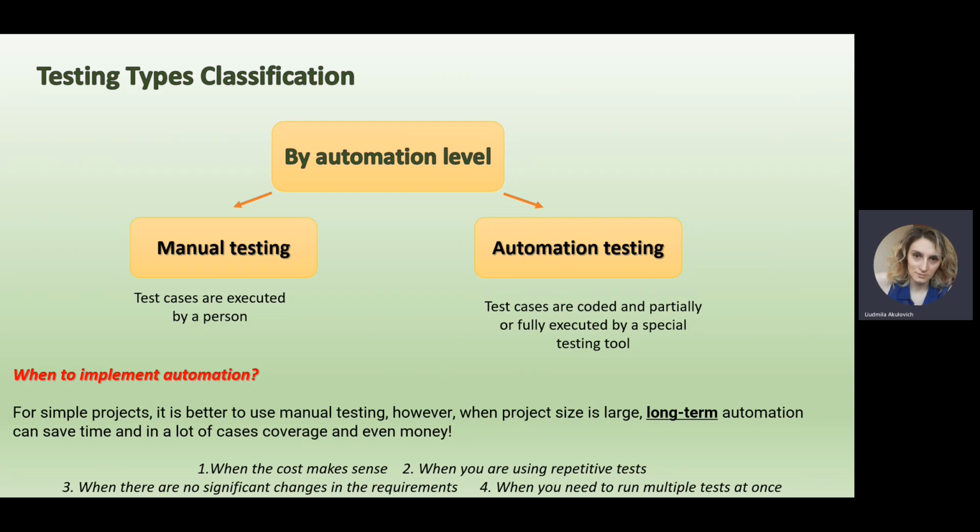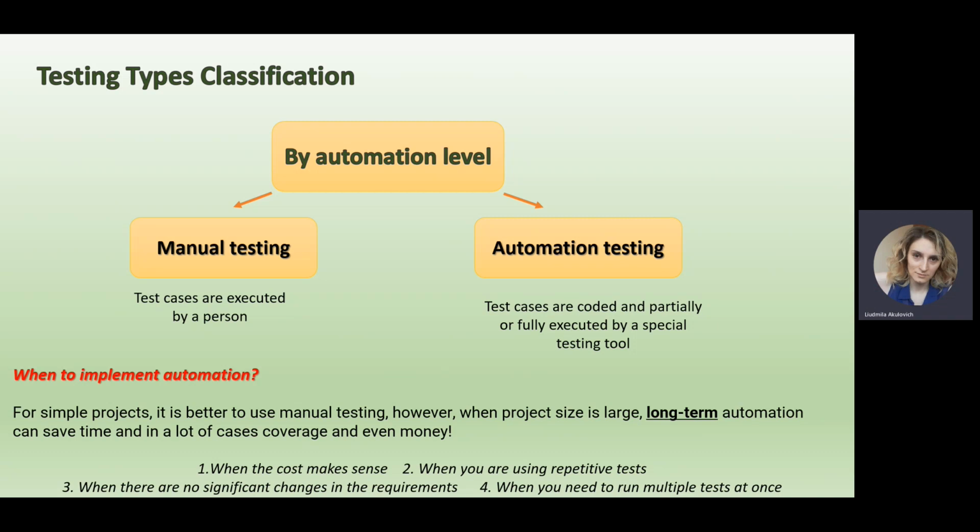And even the execution of such scripts is performed by special testing tools. Of course, the goal of automation testing is to complete test execution in less time, do it quicker, more efficiently, and so on.